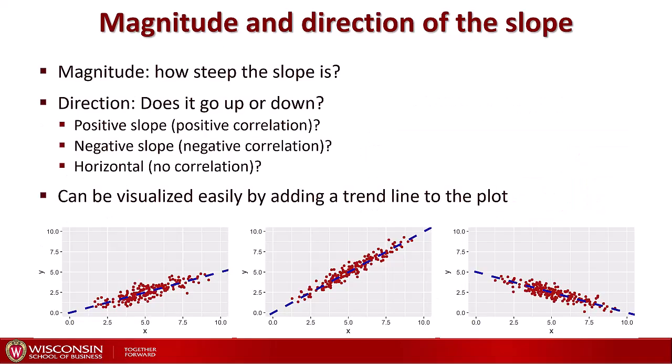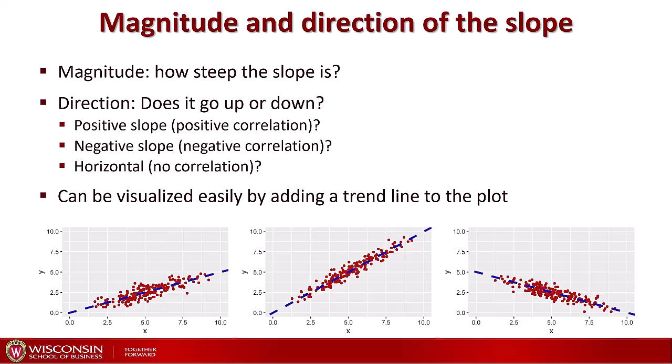First, let's talk a bit about the slope, specifically about the magnitude and the direction of a slope. While the vocabulary varies across disciplines, magnitude generally means how big is a number. For instance, when we talk about the magnitude of a correlation, it is the correlation number, how strong it is.